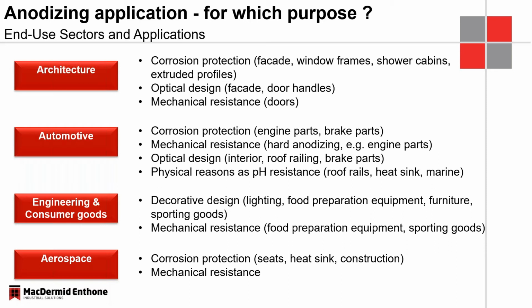What we group under that segment is anything from heat sinks, electronic components, light fittings, reflectors, and so on. Sporting goods as well, with a lot of organic dyes involved in these applications. And then last but not least, the aerospace industry. Again, very high corrosion resistance, not quite so much aesthetics here, but it's really all about corrosion protection, wear resistance, and so on, keeping planes up in the sky.